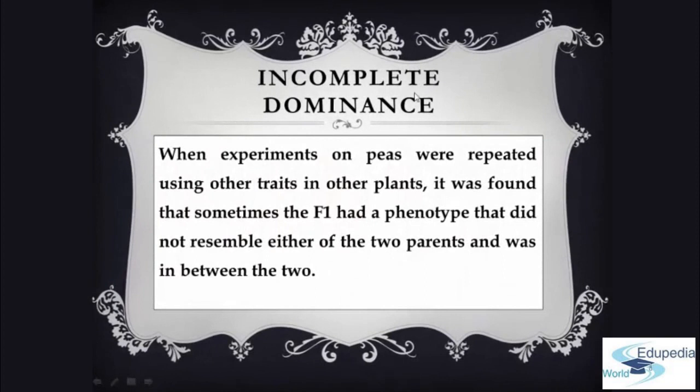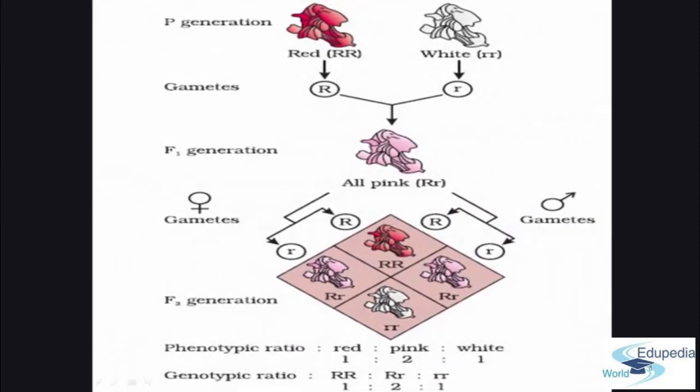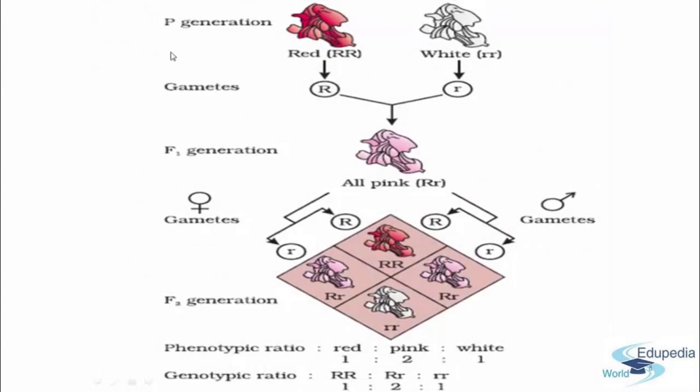Next is incomplete dominance. What is this phenomenon all about? When experiments on peas were repeated using other traits in other plants, it was found that sometimes the F1 generation had a phenotype that did not resemble either of the two parents and was in between the two. See this example. The parent generation is comprised of red flower and white flower.